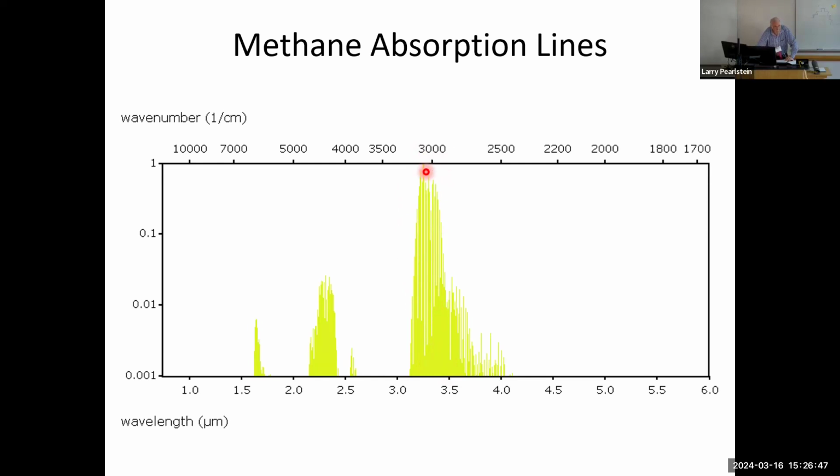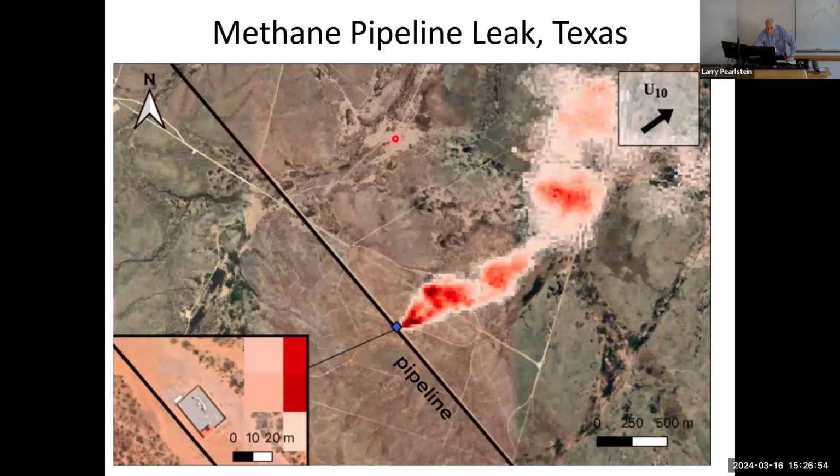And with satellite imaging and computer enhancement, we can actually create a map. Here is a satellite view, somewhat doctored with a pen to show the pipeline, and the methane is encoded in red, so you can see where it is. And this is a natural gas pipeline full of methane, and it's leaking.